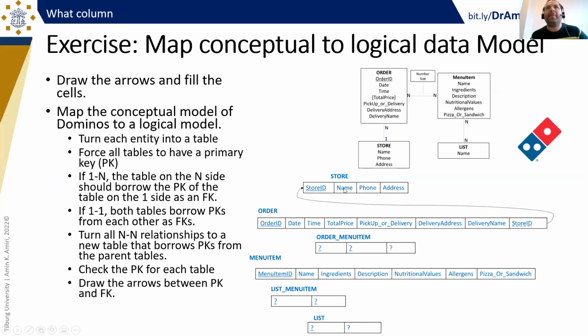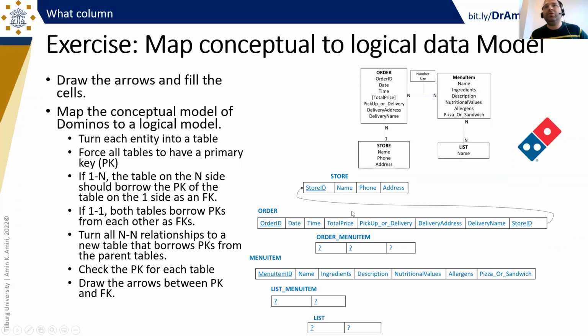But for each many-to-many relationship, I also have a table. Between order and menu item, I created a new relation called order menu item. I also created one for menu item and list. I called that list menu item.